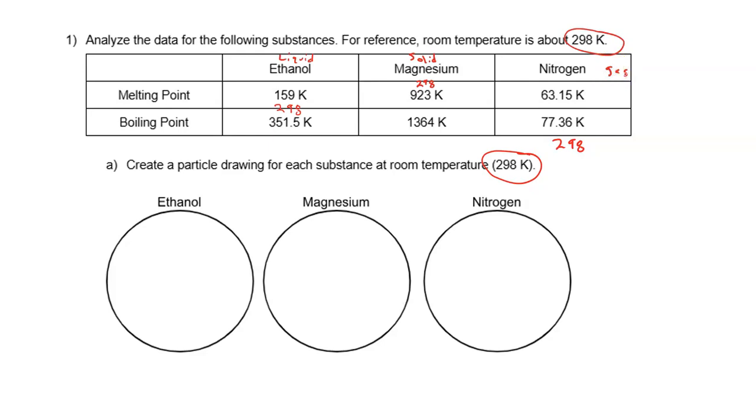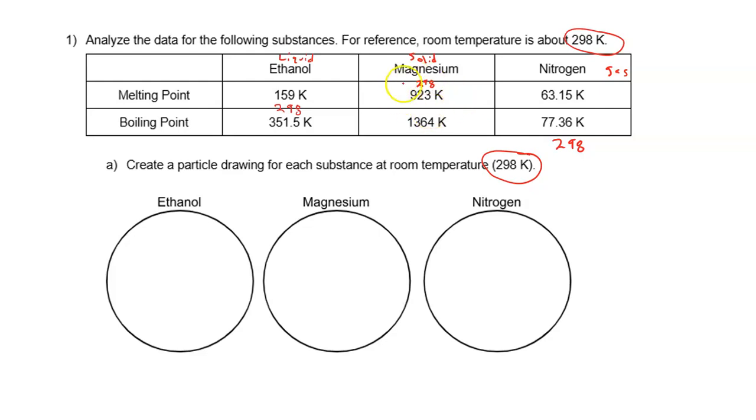So the first thing we looked for was, could you interpret the data, determine what state it's in, and then space and distribute particles according to what state it's in. So ethanol is a liquid, magnesium is solid, nitrogen is a gas.